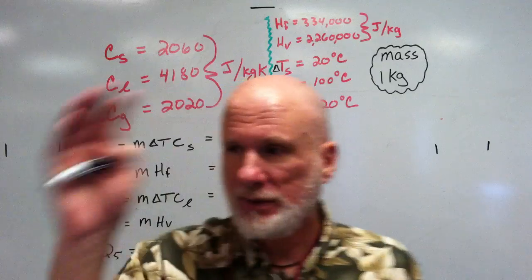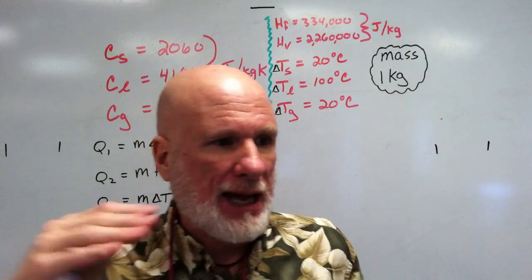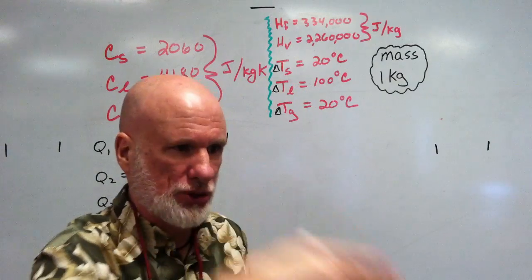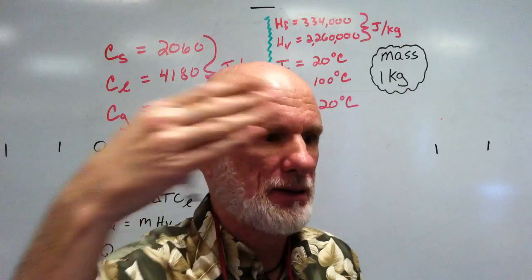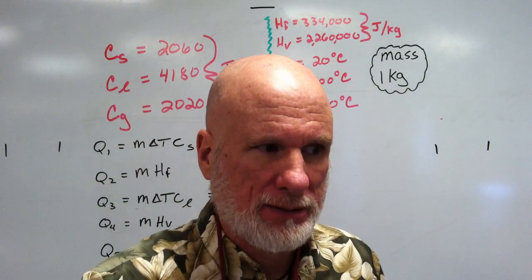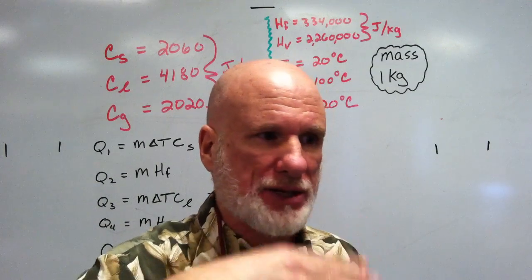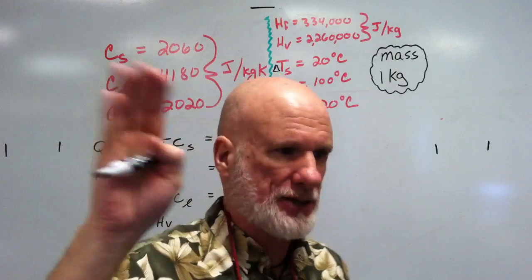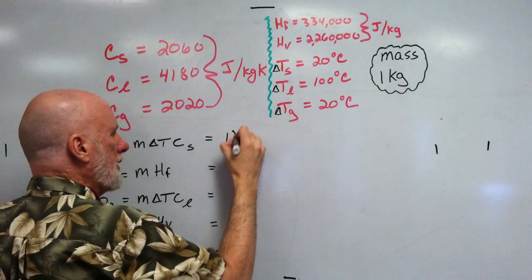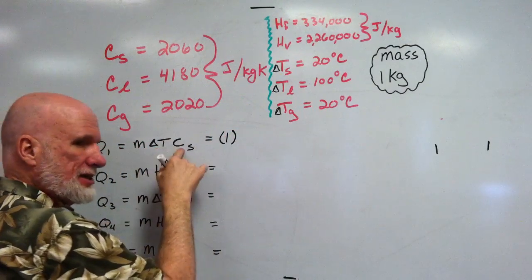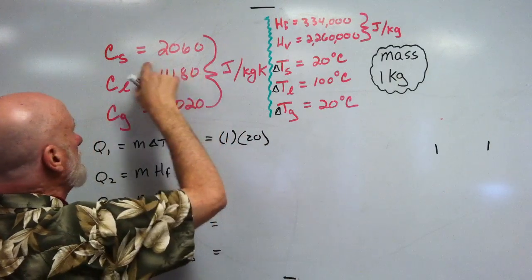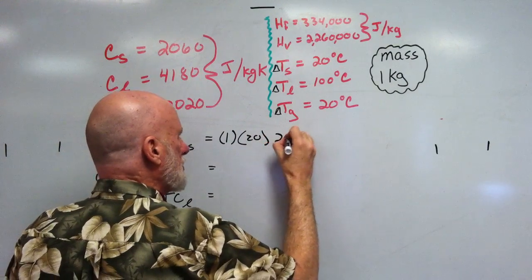And then the specific heat capacities, which are joules per kilogram Kelvin. The Kelvin and degree Celsius will cancel. So 1 times 20 times the specific heat capacity there, 2060.